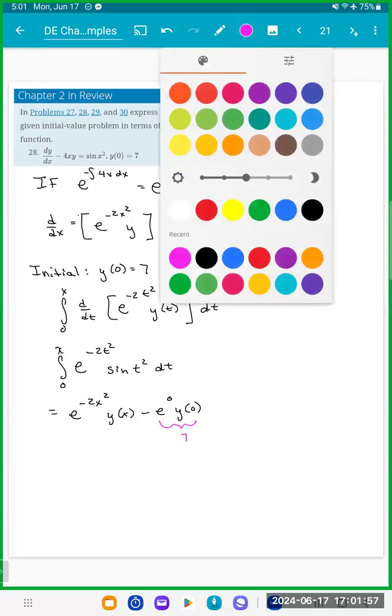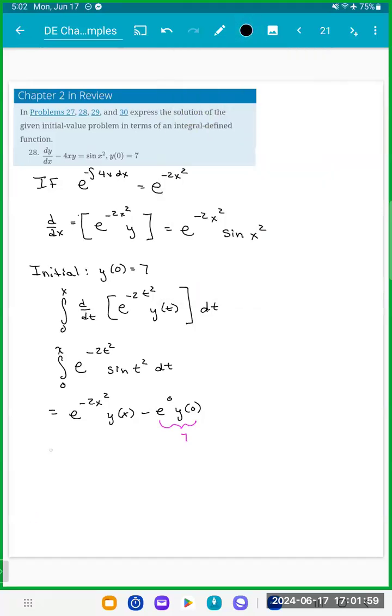We can say that y of x is equal to 7e to the 2x squared plus e to the 2x squared times the integral from 0 to x of e to the negative 2t squared sine t squared dt.